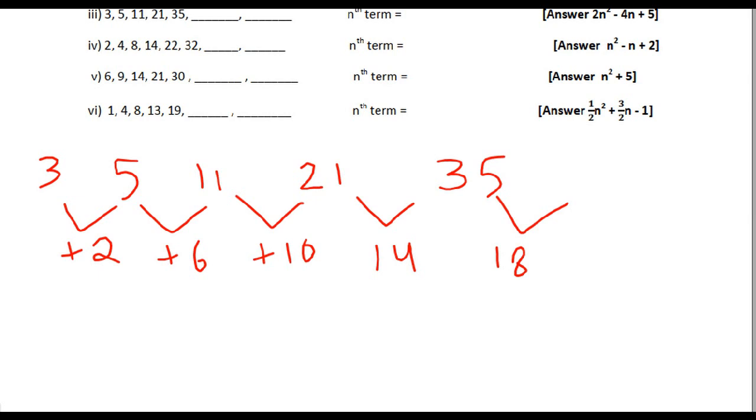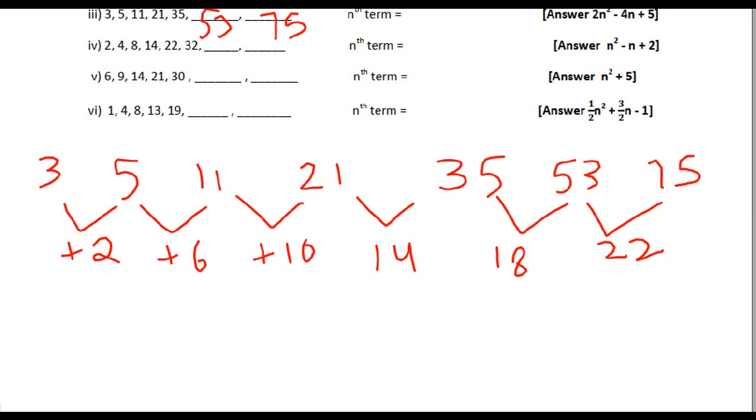What will we add next? 18. 35 plus 18 will give us 53. So we write 53 over here, and then what do we add next? 22, and we get 75. So we write 75 over here.